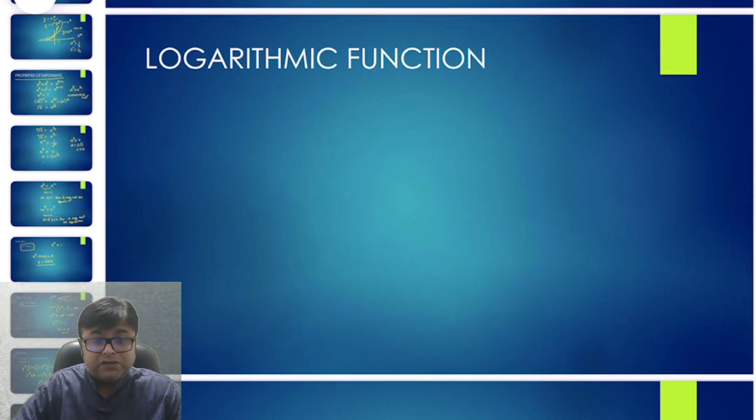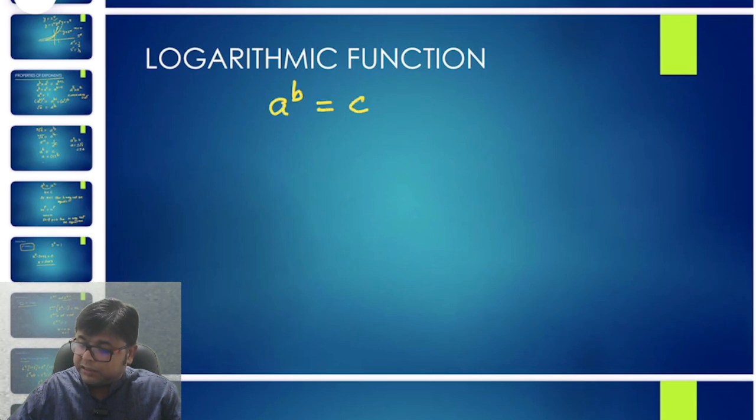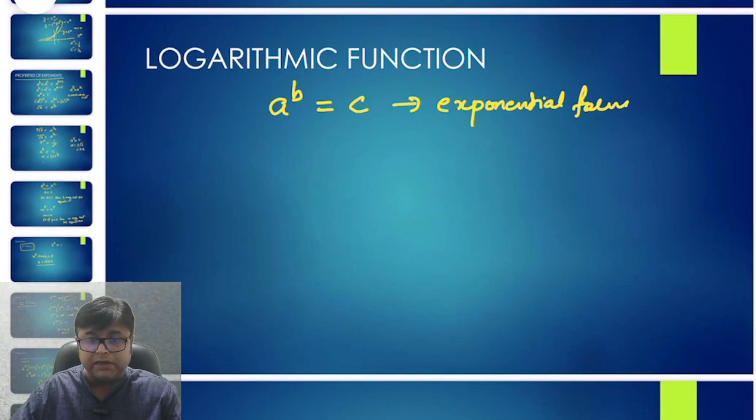Now, logs we have done so many times, but logarithmic function, why is it there? First of all, we have to understand. Now, if I have a to the power b is equal to c, an exponential form, I can also make a the subject.